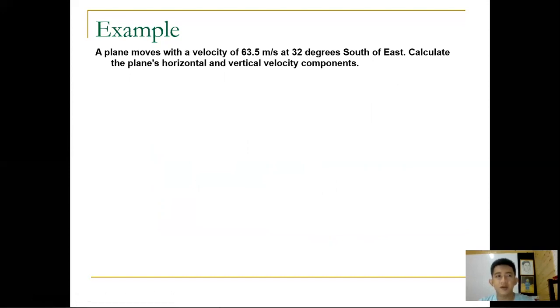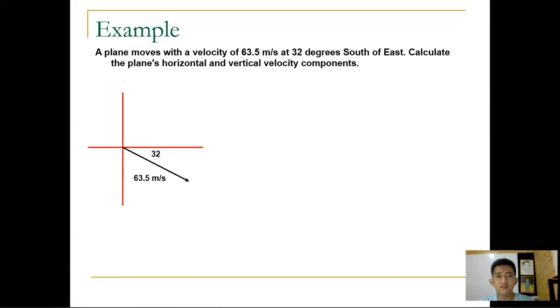Another example, a plane moves with a velocity of 63.5 meters per second at 32 degrees south of east. Calculate the plane's horizontal and vertical velocity components. Let's draw. So we have 32 degrees south of east.